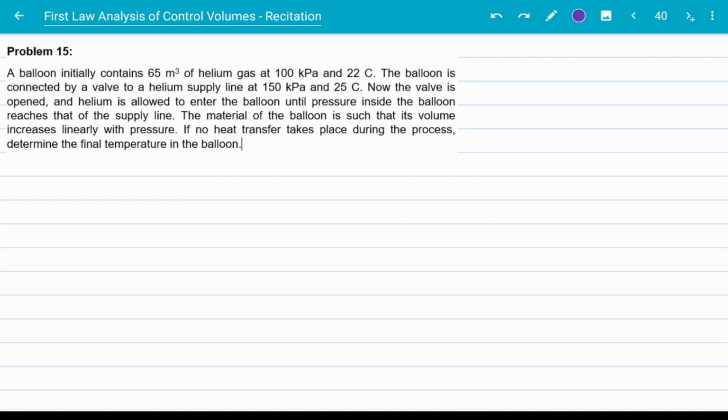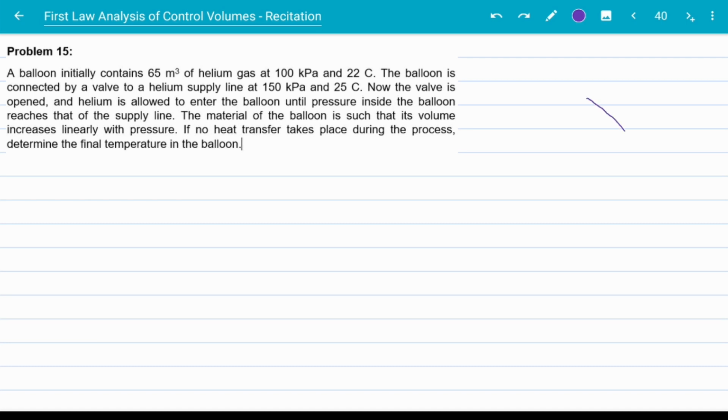We are going to open it and let the helium flow into the balloon until the pressure reaches 150 kilopascals. This balloon has a very specific material, such that the volume increases linearly with the pressure. If no heat transfer takes place during this process, determine the final temperature inside the balloon.